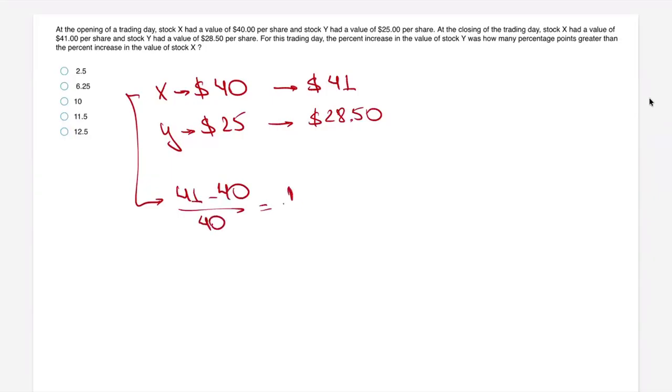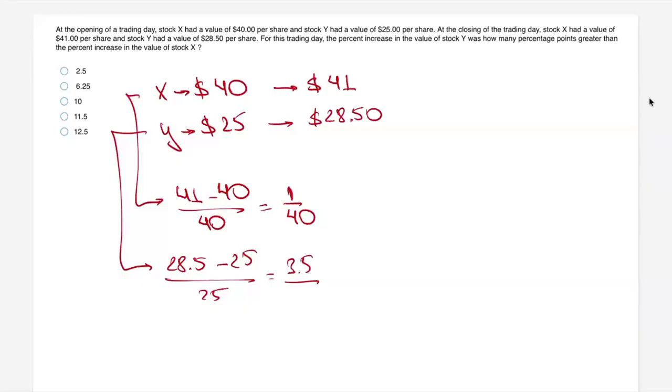So it will be 1 over 40. I will leave like that for now. Okay. And then I multiply by 100. Okay. And here will be 28 plus 0.5 minus 25 divided by 25. That is 3.5 divided by 25. Do you agree?